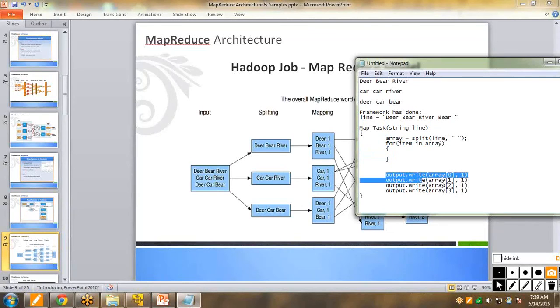Internally, what you will do essentially here is say output dot write, item, and give count 1. This is how you write the code, right? If you want to remove this hard coding here.